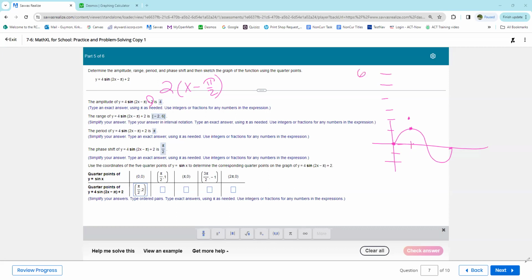Lost my sketches here. So I was oscillating across there, going as high as there, moving over to here, and then my new period also was the 2 pi over this 2 to get a period of pi. So if I've got that starting point right here, when we moved it from 0, 0, pi over 2 to the right, and then up 2.